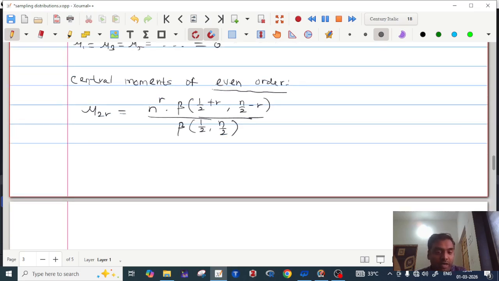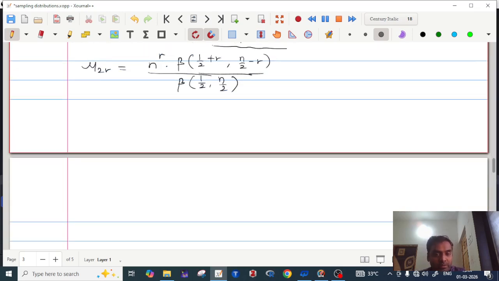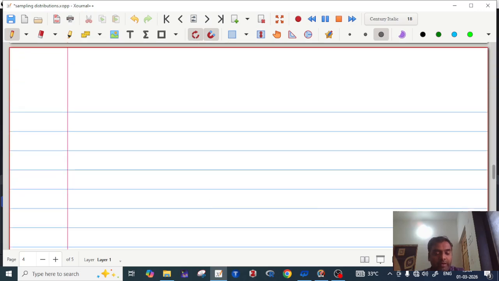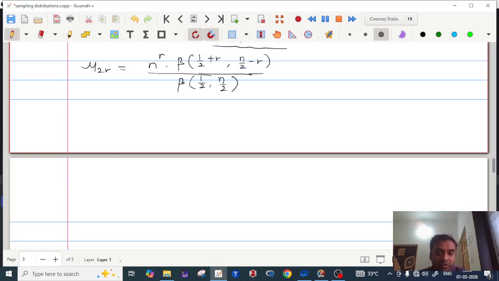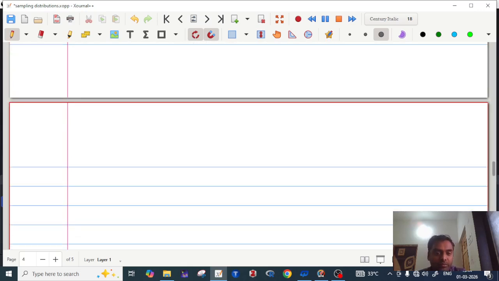After putting the values of r equals 1, 2, 3, 4, you will get the central moments of even order. If you put r equal to 1, we will get mu 2. If you put r equal to 2, we will get mu 4.